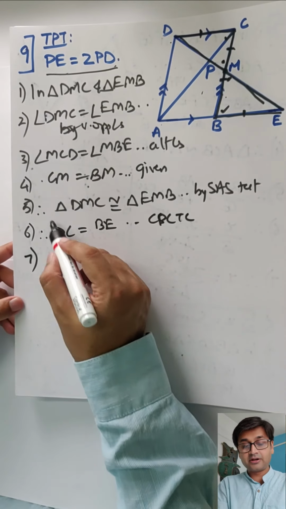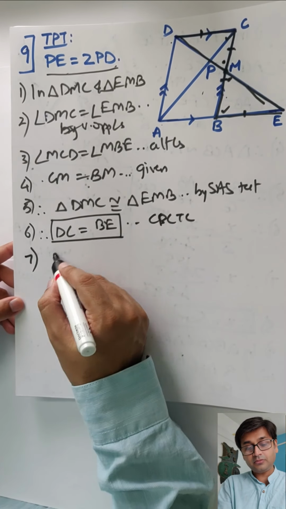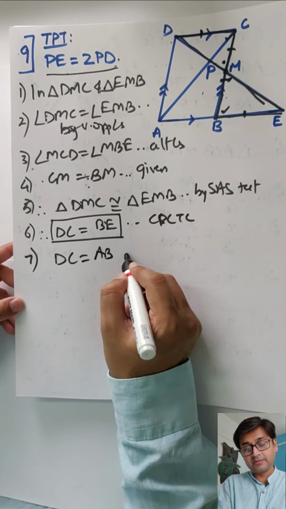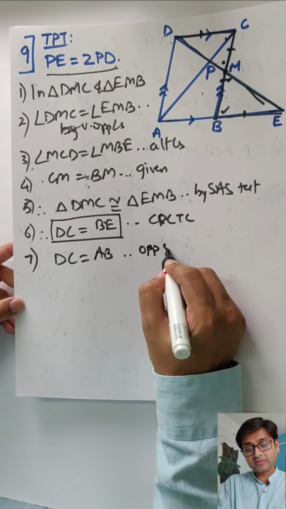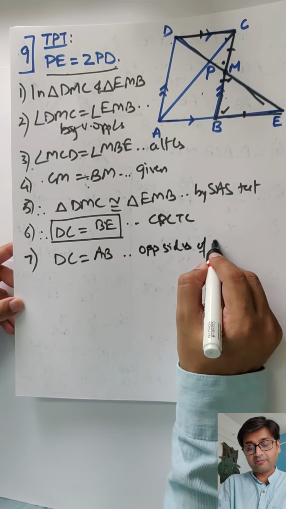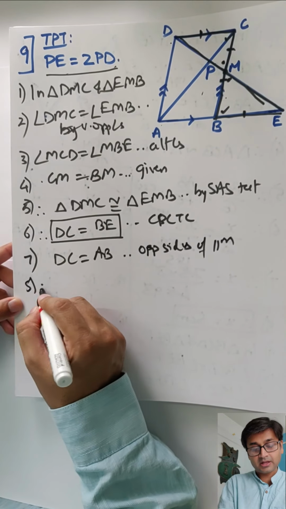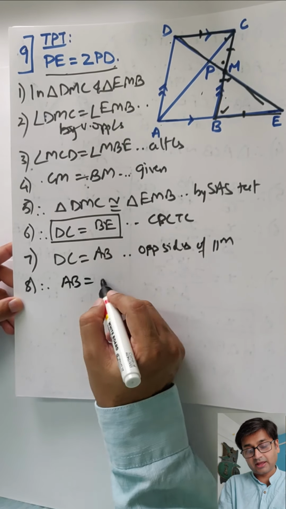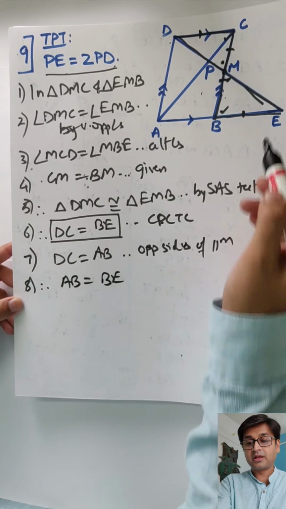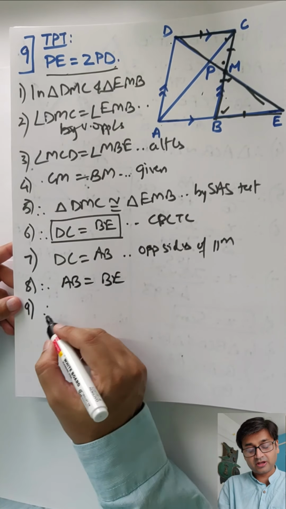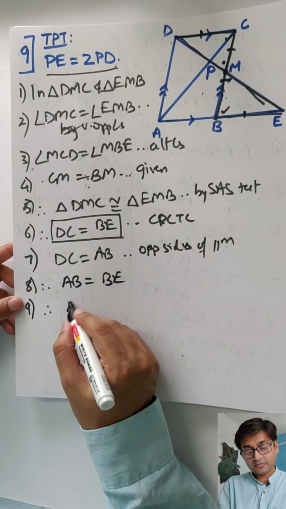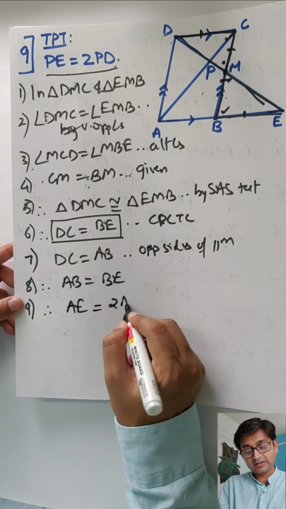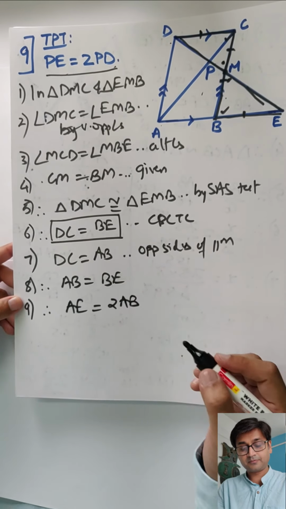Now that you got these two equal, you can say DC equals AB, opposite sides of parallelogram, and therefore these two get cancelled in your head. AB equals BE. So therefore I can say that AE is double of AB.